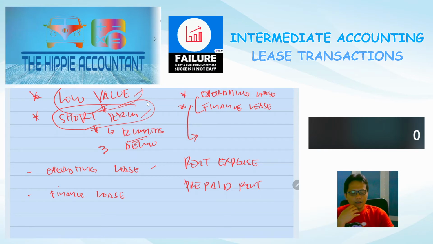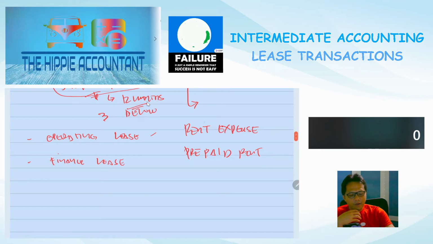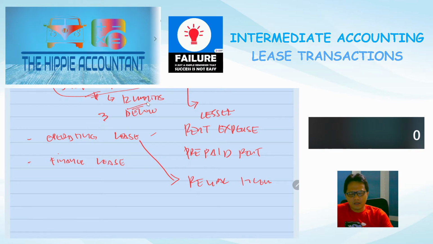Pag sa lessee. Now, on the part of the lessor naman, yung normal rin na recognition of rental income. So, kumbaga, pag naka-receive ka ng cash, debit cash, credit rental income.